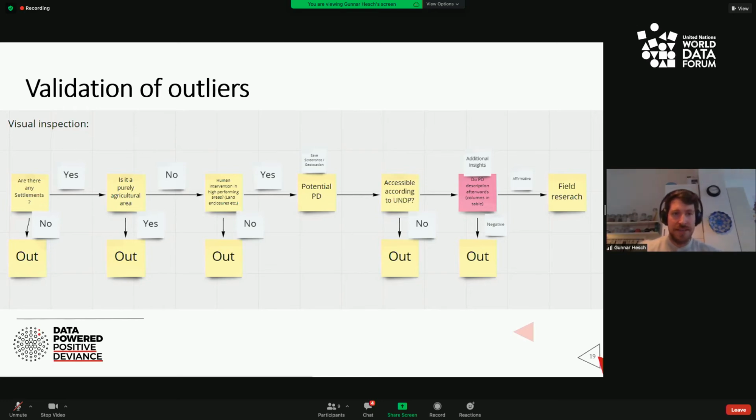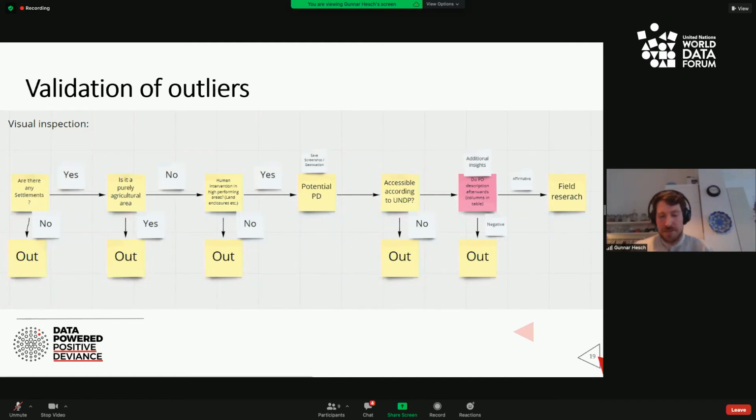If no, then it's potentially not human intervention that we're seeing. Is it an agricultural area? Because we're focusing on pastoral regions. Can we see human interventions in some form? And if the answers fit our criteria, then we would be looking at a potential PD area.